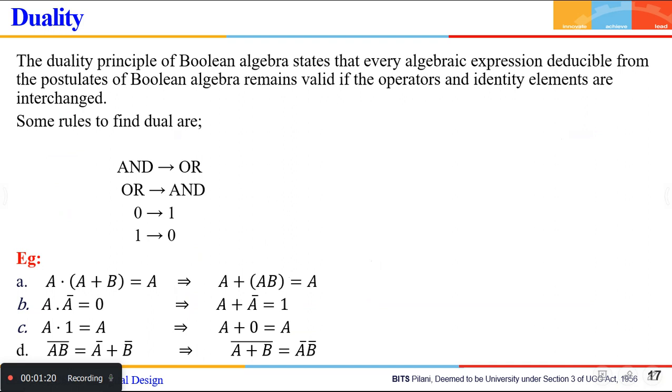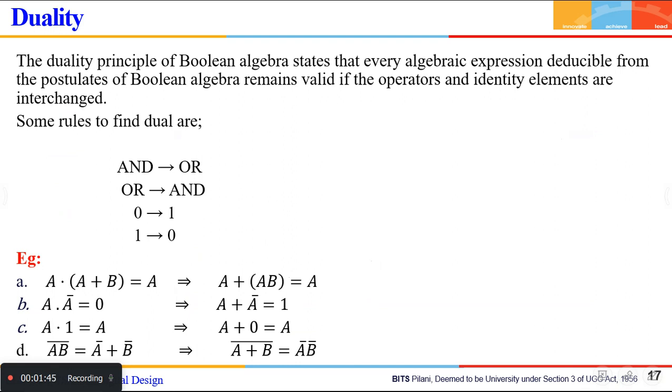In such cases, sometimes your Boolean relation does not change. It's called duality. Such relations are also valid. Have you understood this? I'm talking about duality.